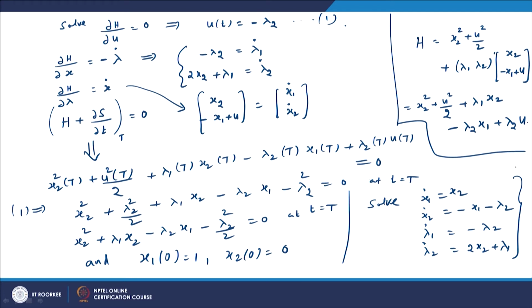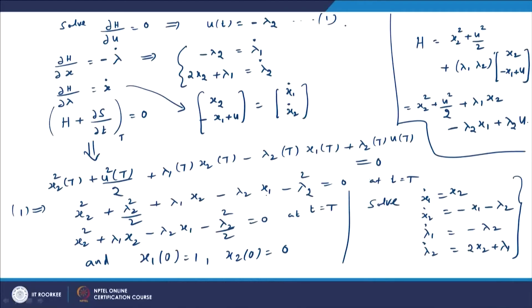So, after solving this we will get 4 constants C1, C2, C3, C4. To find the 4 constants we have to make use of this condition as well as the boundary condition given in this expression. By substituting in this expression we can solve the problem for the 4 constants.